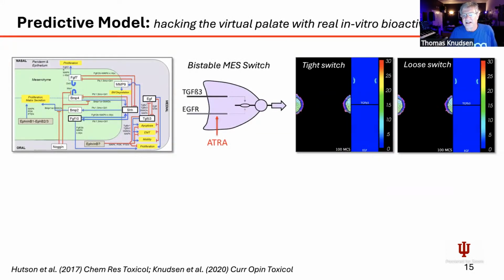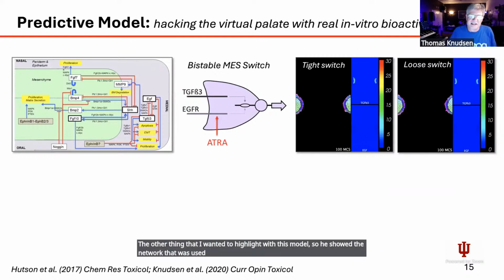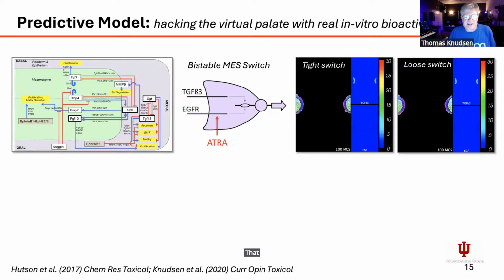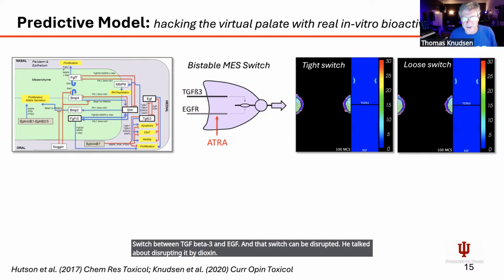The other thing that I wanted to highlight with this model, so he showed the network that was used, and he indicated that that fusion process is the result of a bistable switch between TGF-β3 and EGF. And that switch can be disrupted. He talked about disrupting it by dioxin, but it could also be disrupted by disrupting retinoic acid gradients during development.